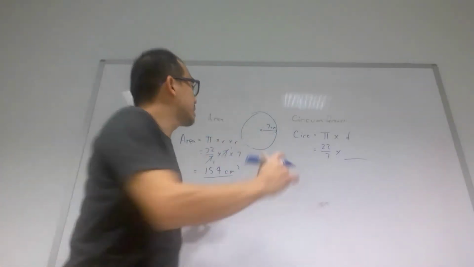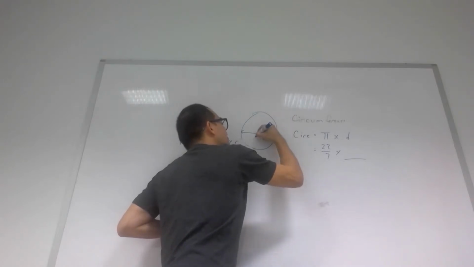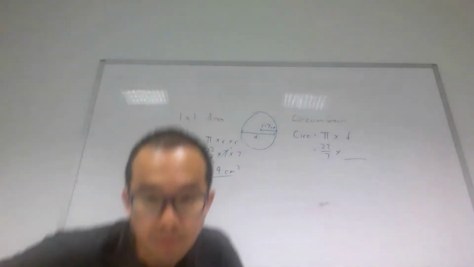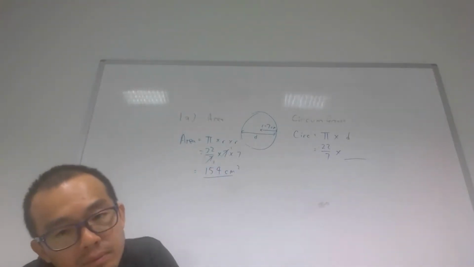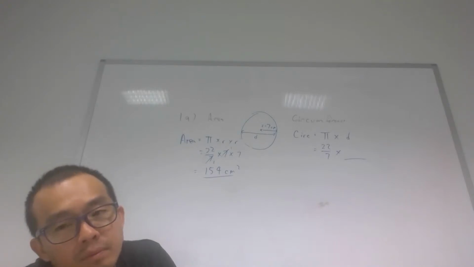This is a radius. This is the diameter. Okay. Do you think it's divide by 2 or times 2? Okay.